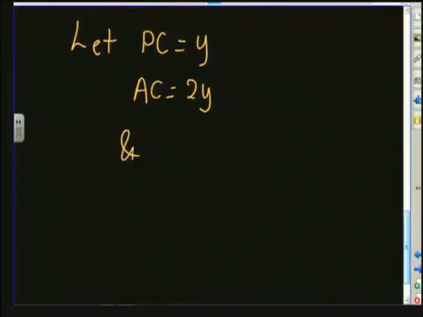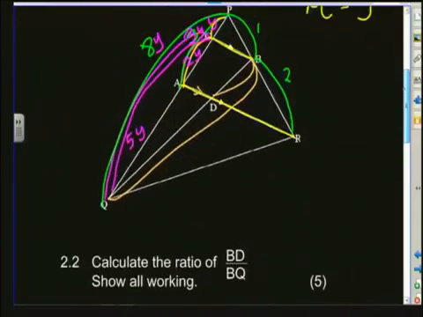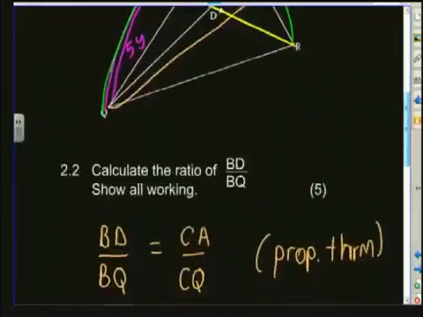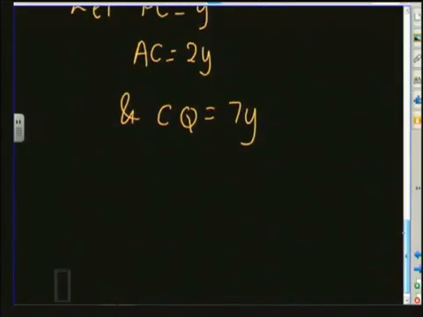And therefore, we know that CQ will be equal to 7Y. And remember, the reason CQ is equal to 7Y is because CQ was AC plus AQ. So therefore, we can state that CQ is equal to 7Y.